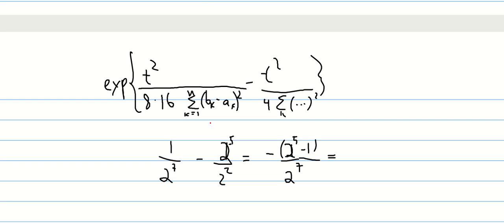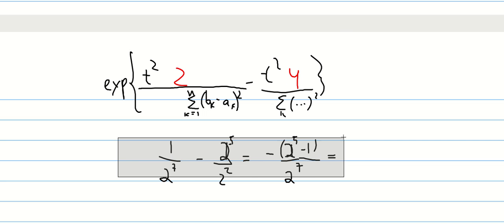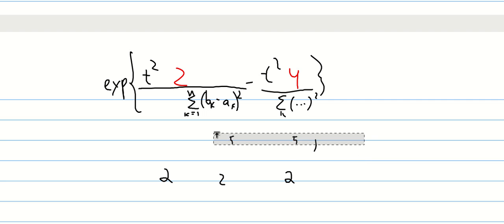So in the end, we forget all these crazy things in the denominator. Here we have a 2. Here we have a 4. And in the end, we get the result.